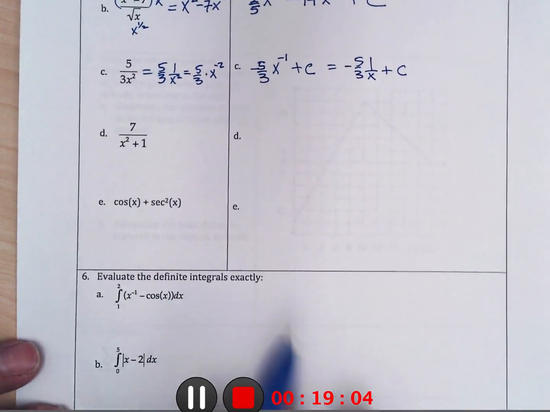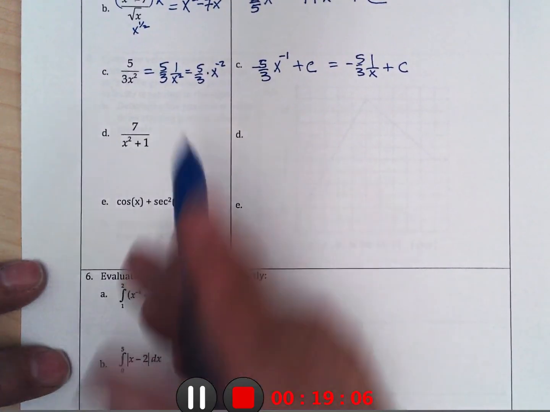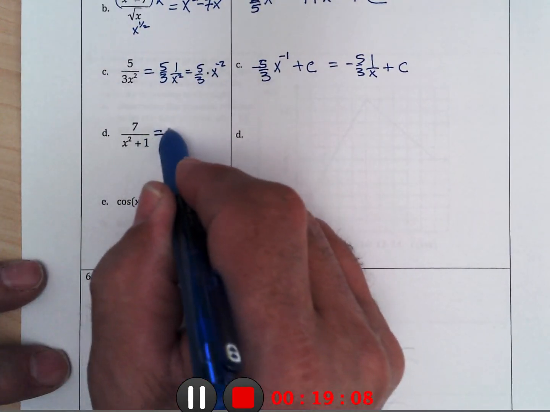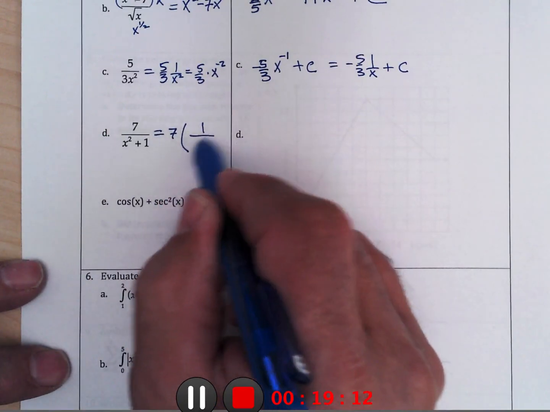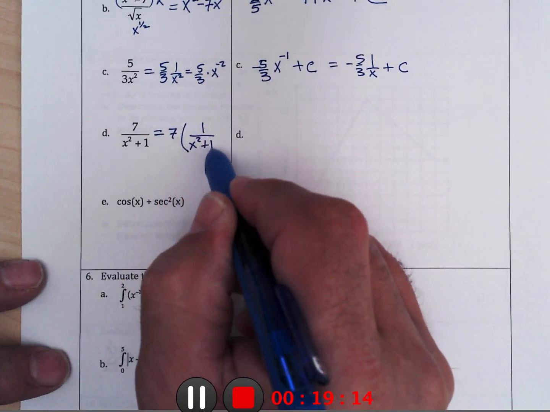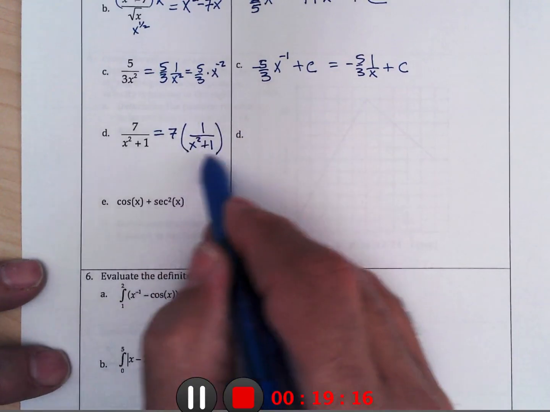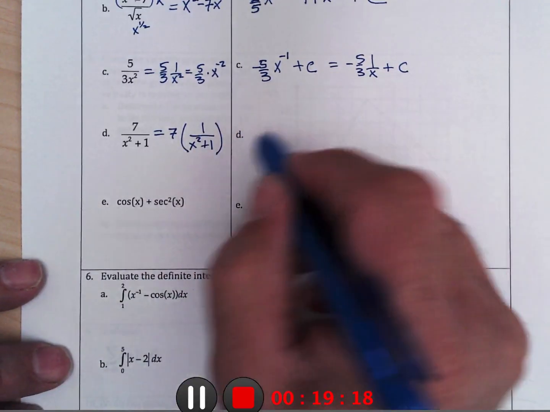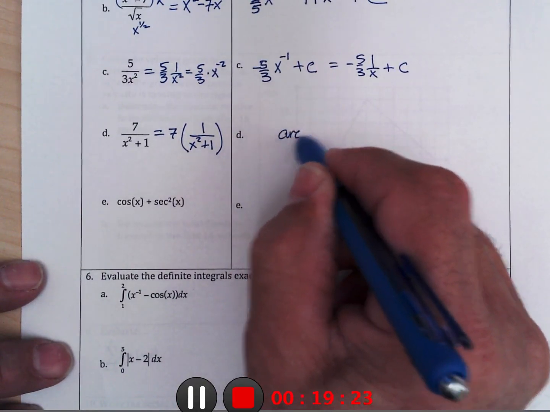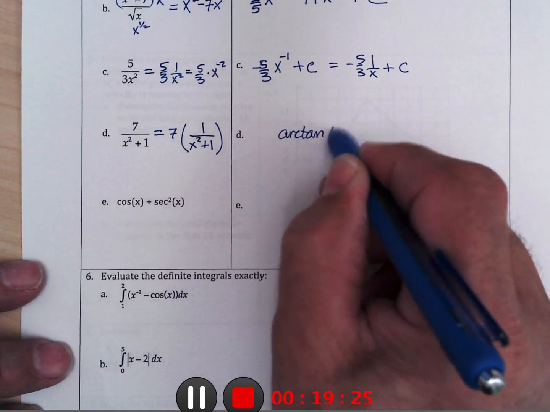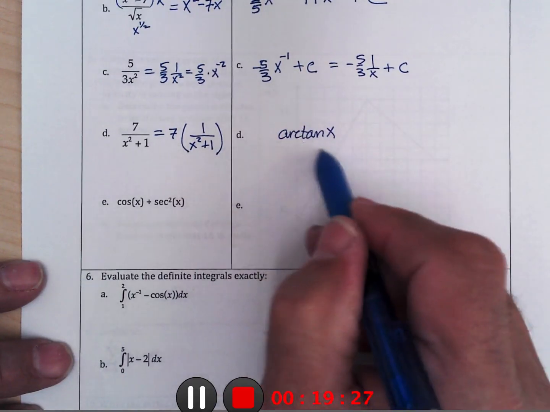Now this one, if you didn't know your derivative rules, you wouldn't recognize this one. But this is 7 times 1 over x squared plus 1. And hopefully you have that in your notes, that that's the derivative of the arctangent of x, or tangent inverse of x, times a 7.